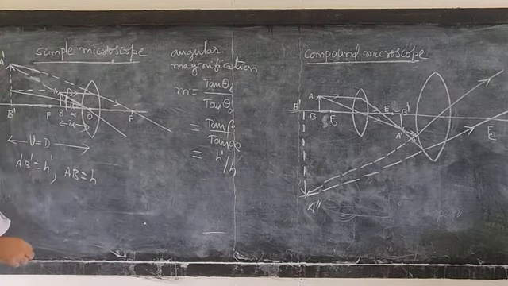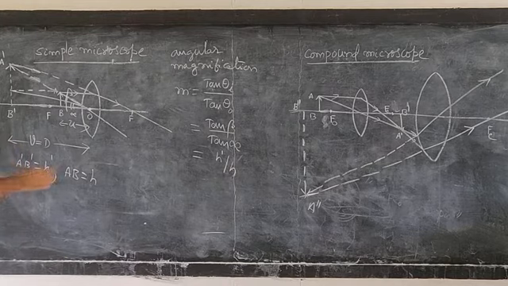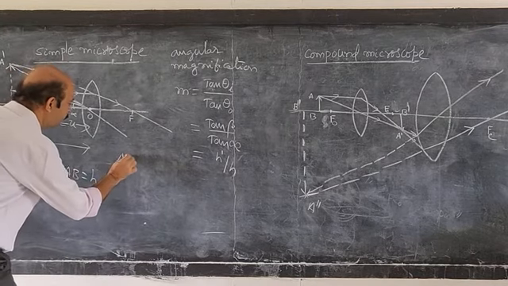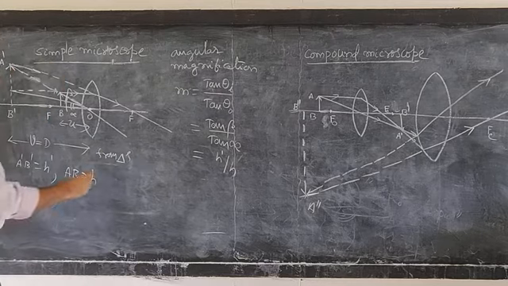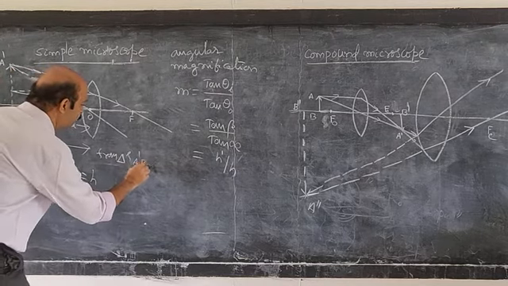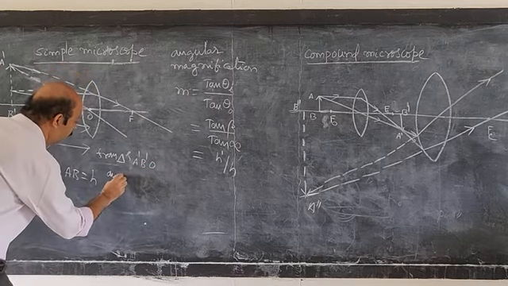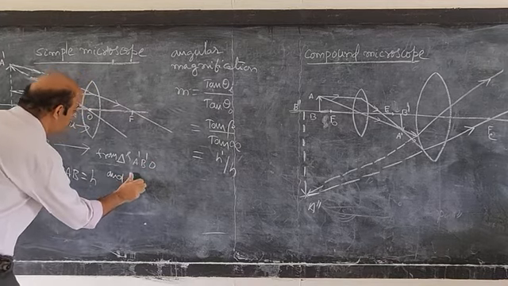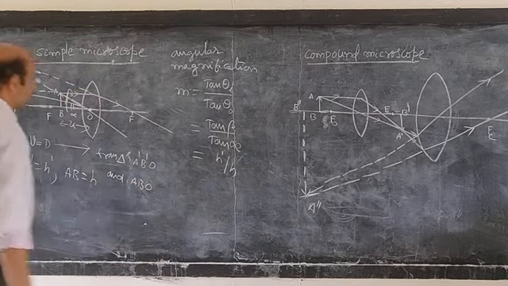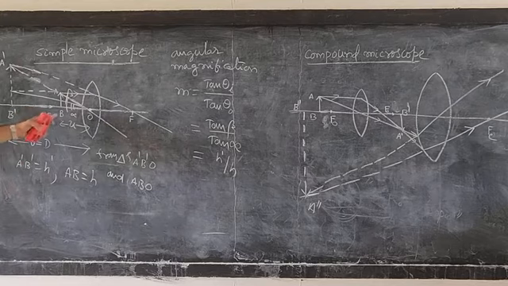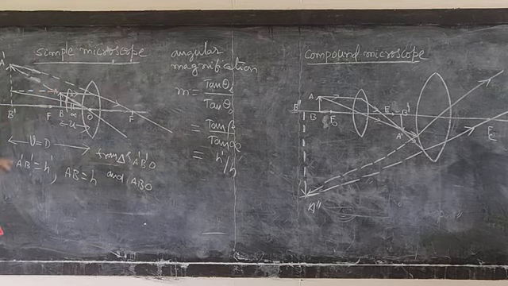Now, from the figure, if you observe the triangles A dash B dash O and ABO, they are similar, therefore the ratio of their corresponding sides must be equal. Therefore, A dash B dash by AB must be equal to OB dash by OB.